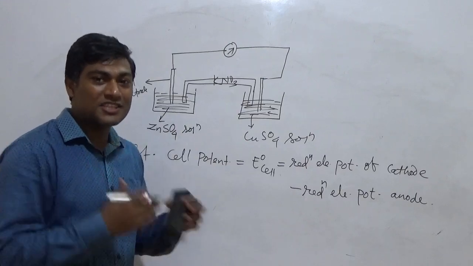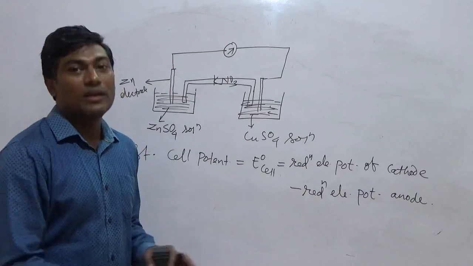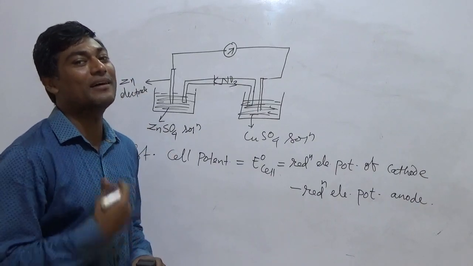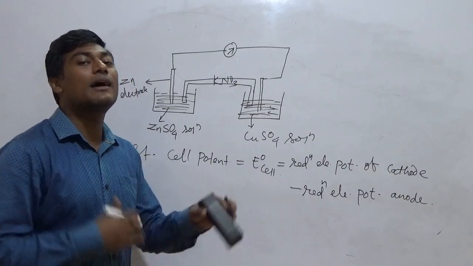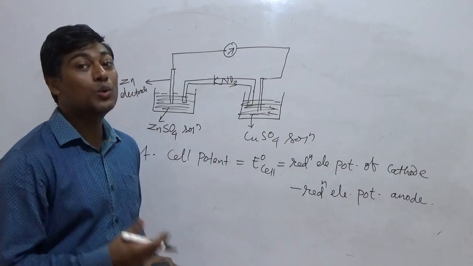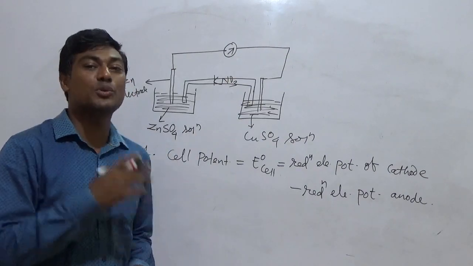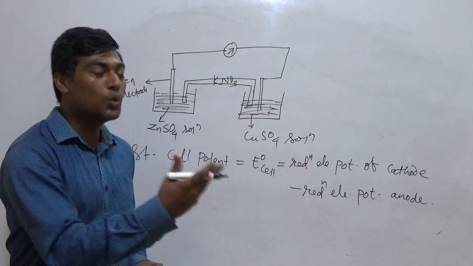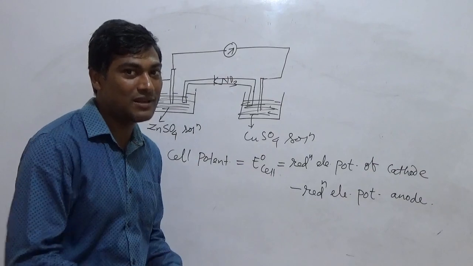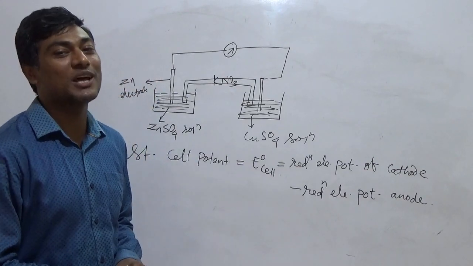In the next video I will show you what is the electrode potential series or electrochemical series, what are its applications, and how one of the applications will be used to identify which half cell is the oxidation half cell and which will be the reduction half cell.